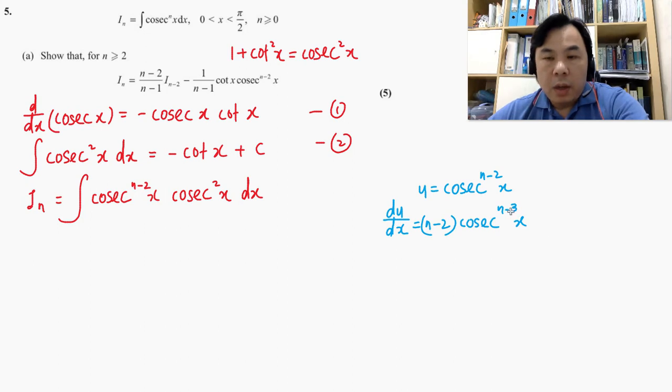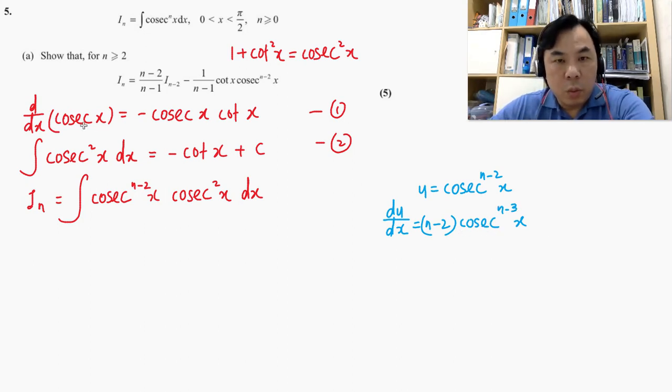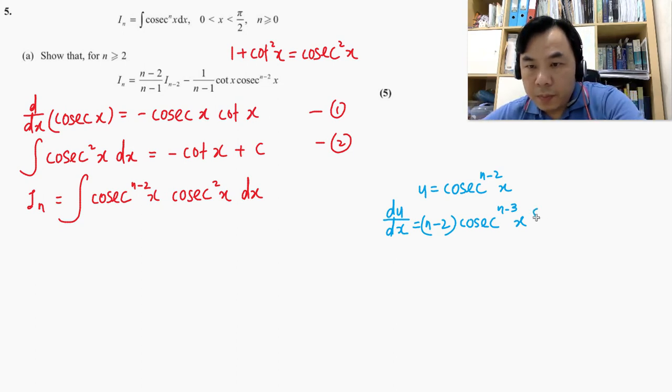Okay, done. And then after that, you're going to differentiate the cosecant. So this is where this first result comes in. Becomes very handy here. Right? So by differentiating cosecant, we will get a negative cosecant x cotangent x. All right. So we get a negative cosecant and cotangent x.